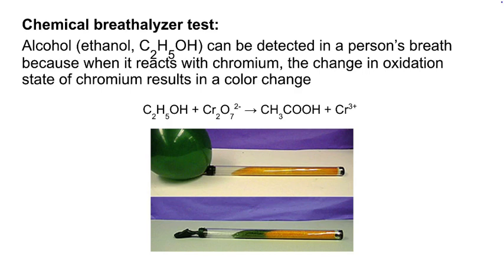What they're doing is a chemical reaction. Alcohol in your breath will cause a color change because the alcohol reacts with the chromium in dichromate, and it turns into chromium plus 3. Chromium plus 3 has a different color than the dichromate.